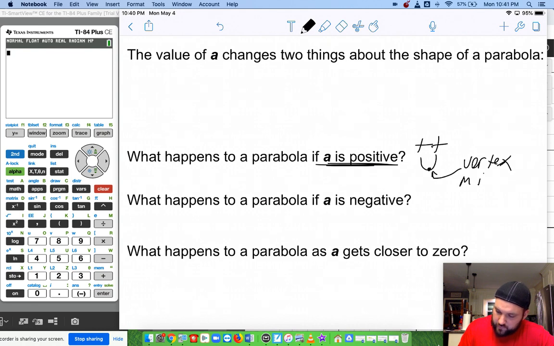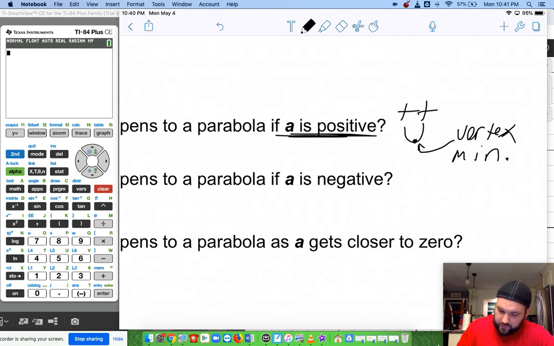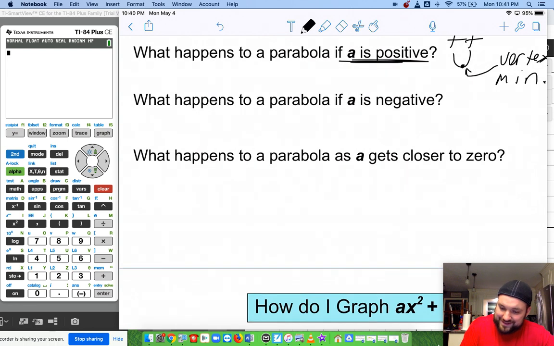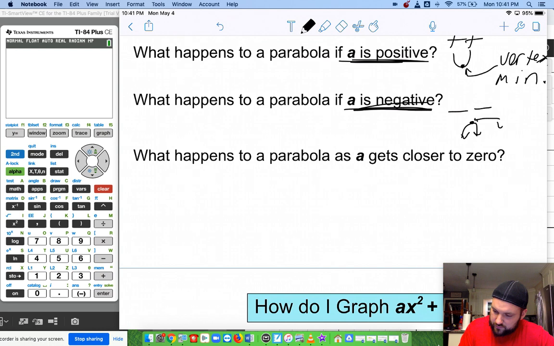I'm just going to say min for now. If a is negative for a parabola, then I'm going to have a parabola that opens down, and the vertex would be up top.